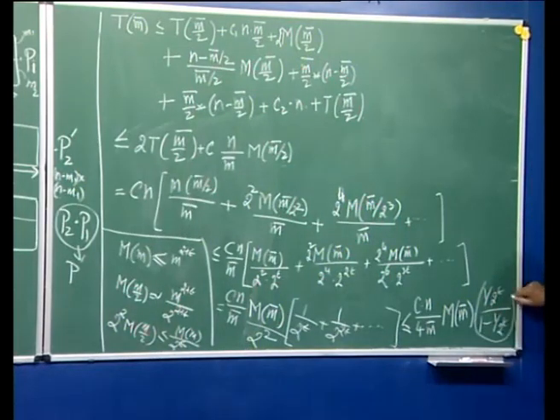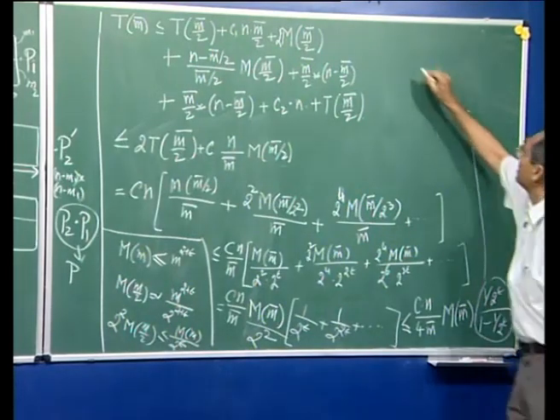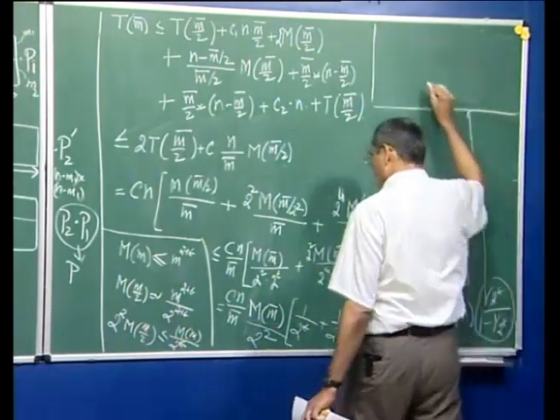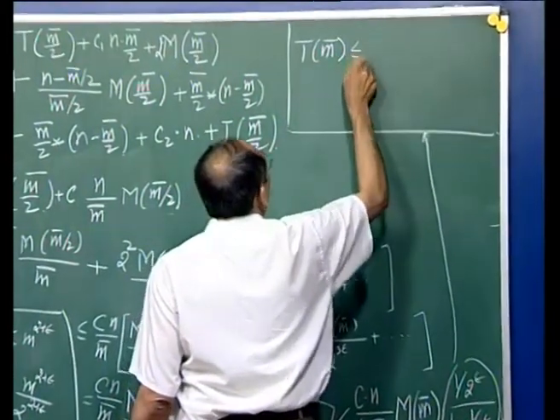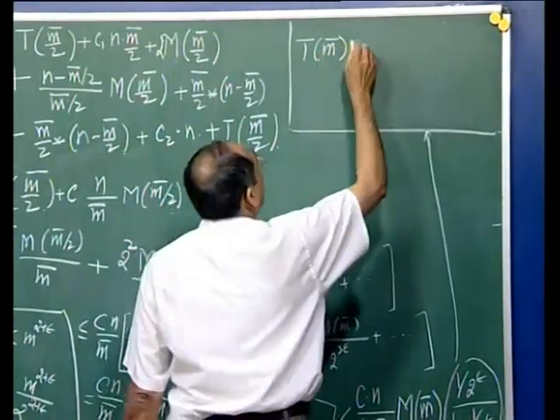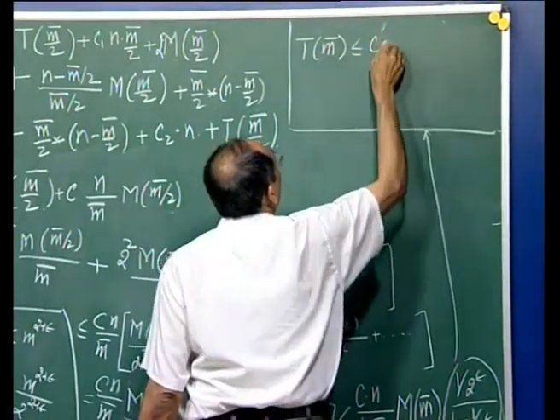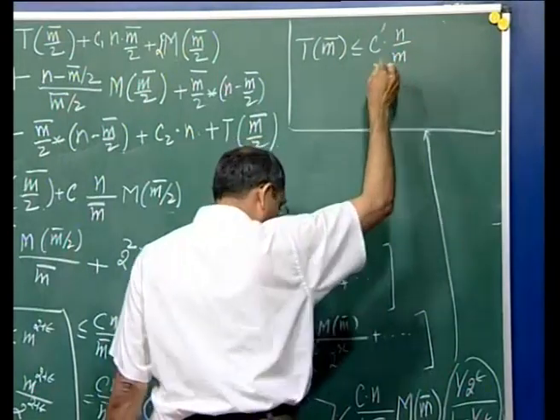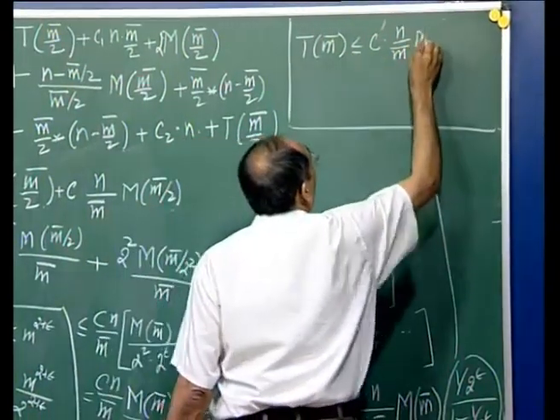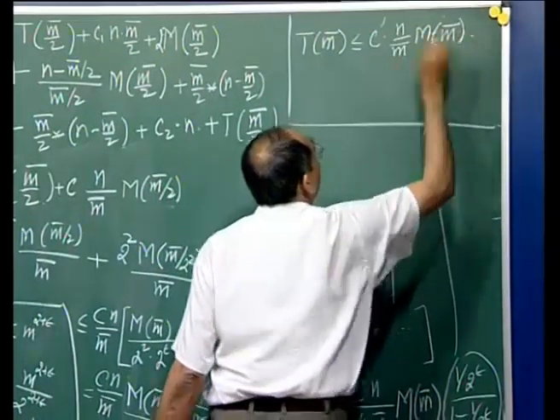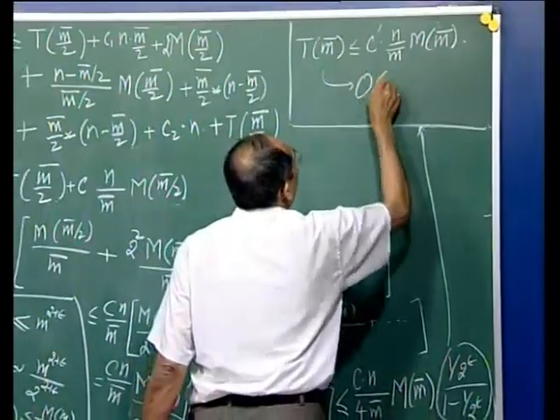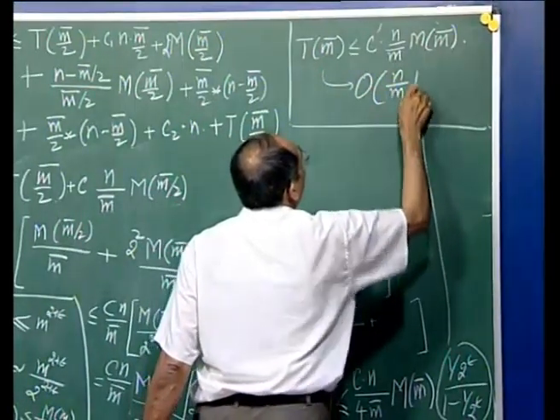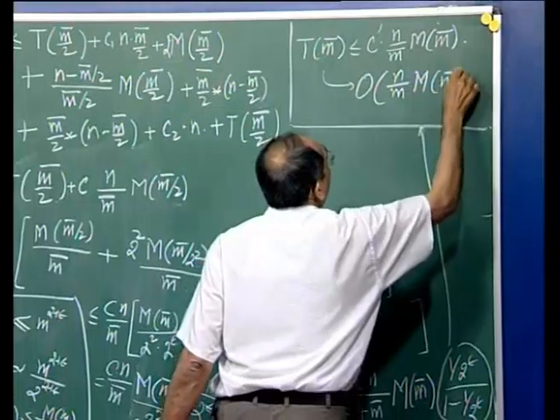This is just a constant, and the entire cost T of m bar is less than or equal to some constant prime times n over m bar times M of m bar, or this is of the order of n by m bar times M of m bar.